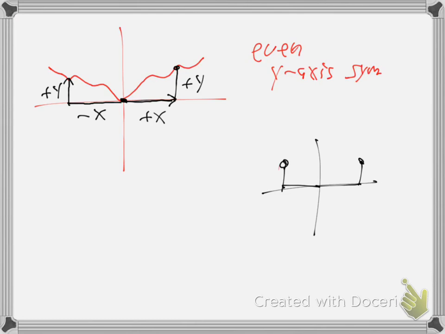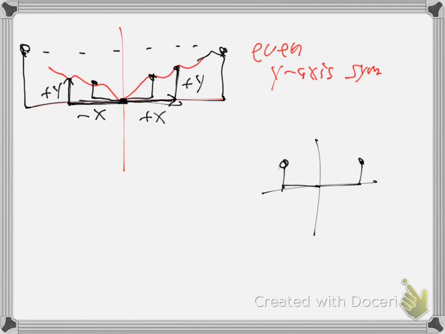Pretend with me I drew better there. The heights are supposed to be the same, always, as long as you go the same amount right and left. If I go a little bit right and up, and a little bit left and up, they should be the same height. If I go really far right and up, and the same amount left and up, it should be the same height. Always. That's what it means to have y-axis symmetry.